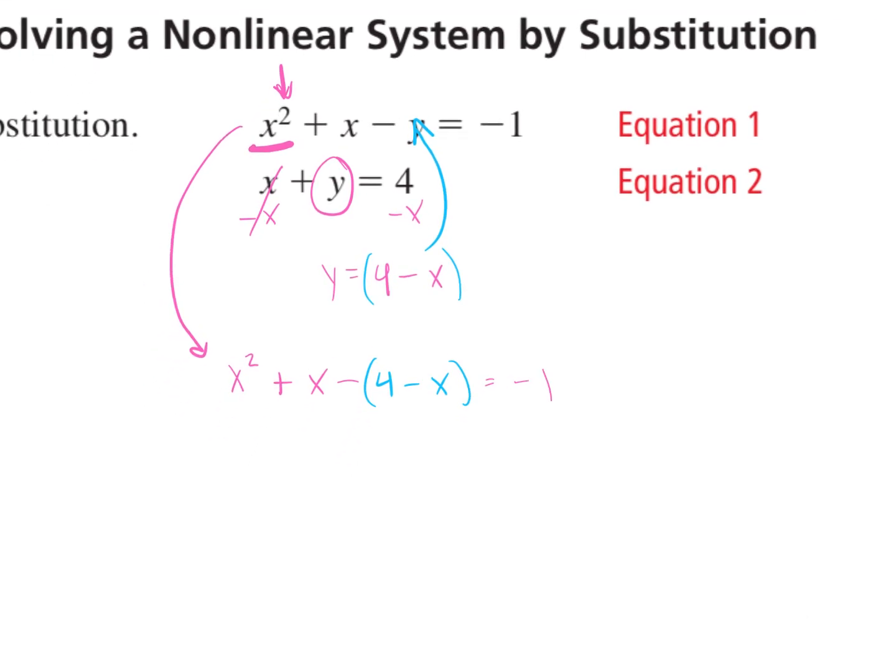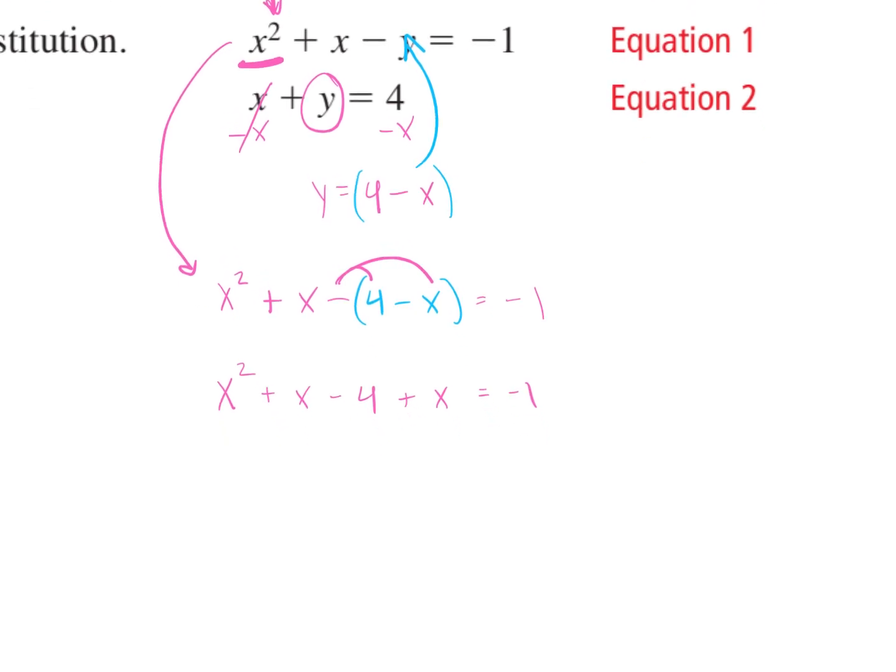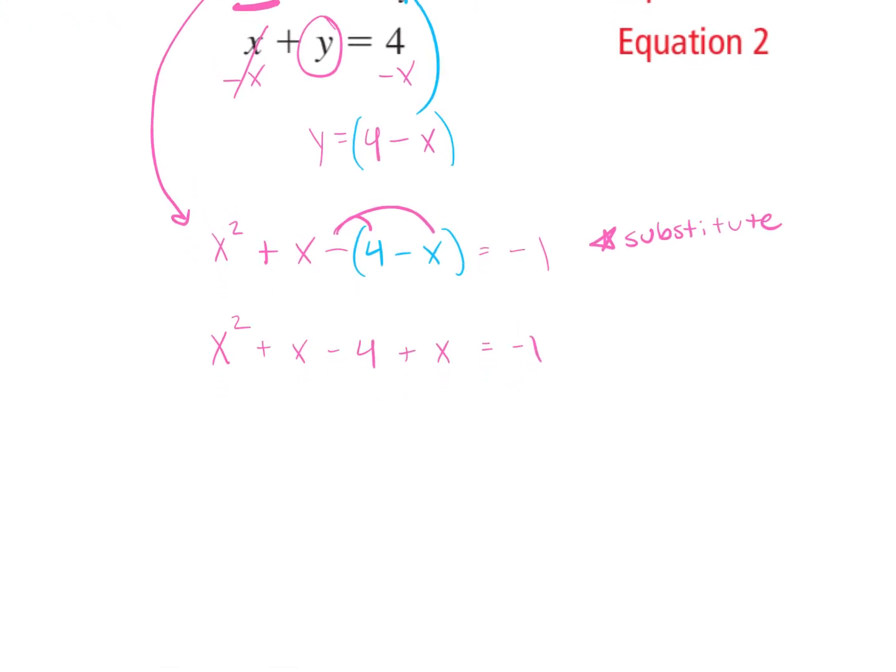From here, we just need to solve. First thing I want to do is distribute that negative to both things in the parentheses behind it. So I have x squared plus x minus 4 plus x is equal to negative 1. So first I did substitution, then we simplified a little bit, and I'm going to simplify more and combine some like terms.